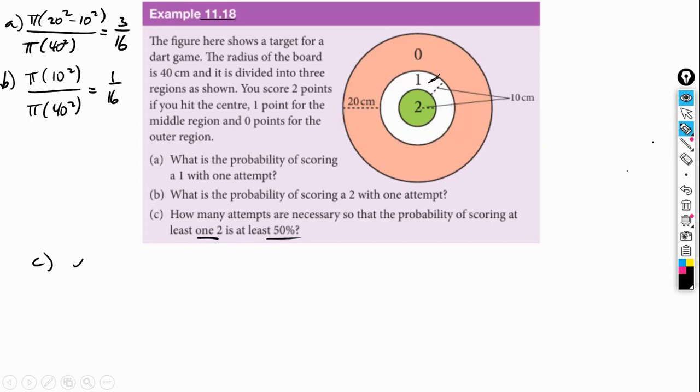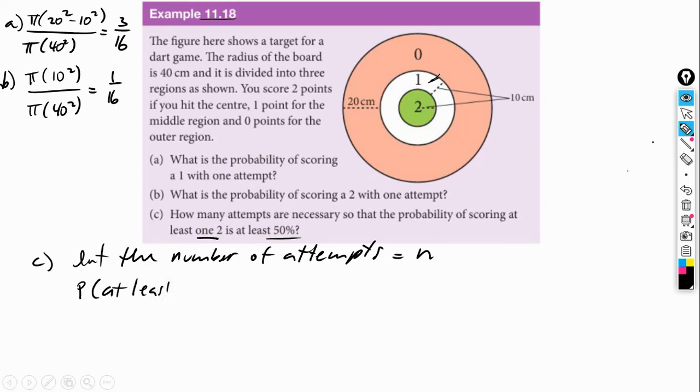First, let the number of attempts be equal to n. Then the probability of at least 1 2 is going to be 1 minus its complement, which is the probability of no 2 in n attempts.